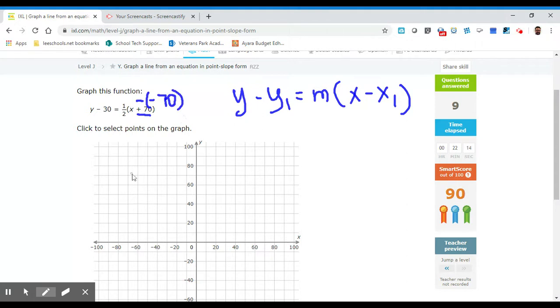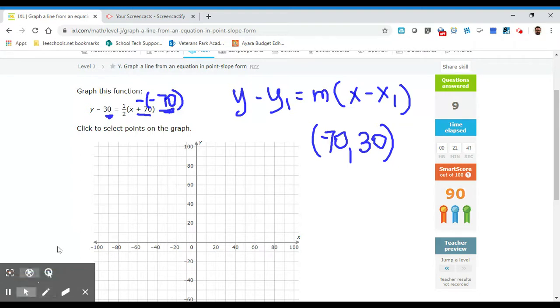That's the first step. Second step, let's go ahead and pull out our x and y term. So the x is going to be negative 70, and your y is going to be 30. Okay? Then we need to plot this point, negative 70, 30.